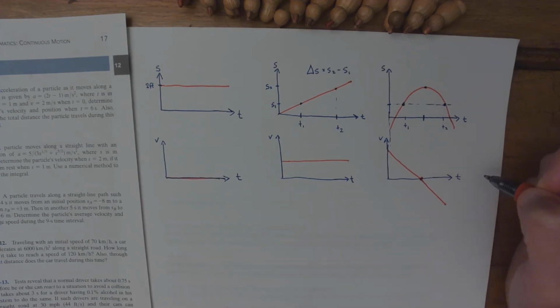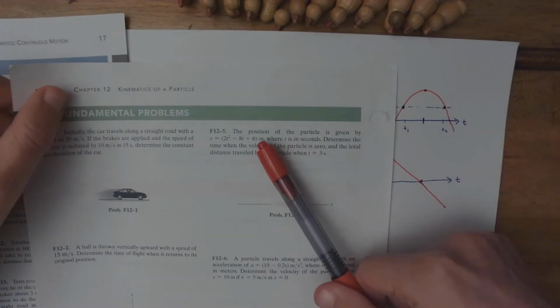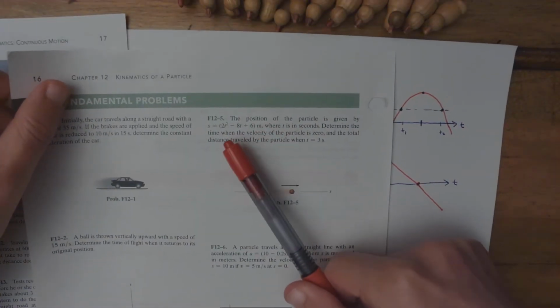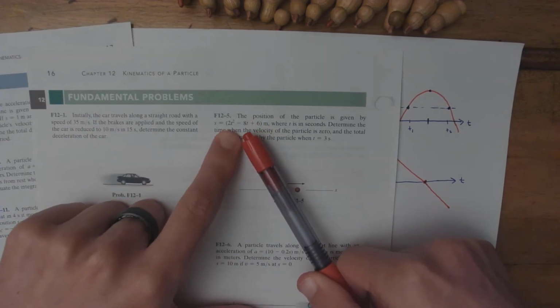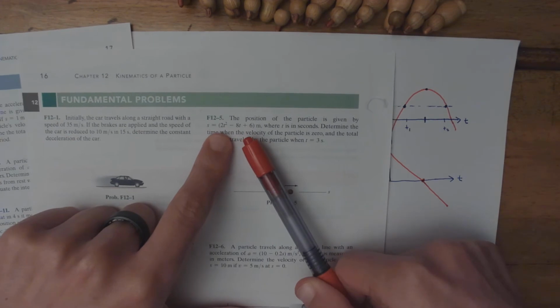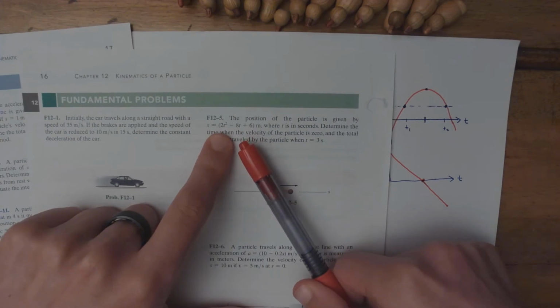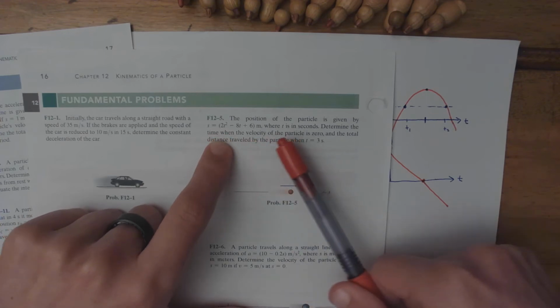So, one thing that I want to mention before moving on to problem 6. You are going to do fundamental problem 5 for homework. In fundamental problem 5, you're given the position of the particle. This is a quadratic function, which means you are going to have a turning point, at least if you look at a large enough interval of time.